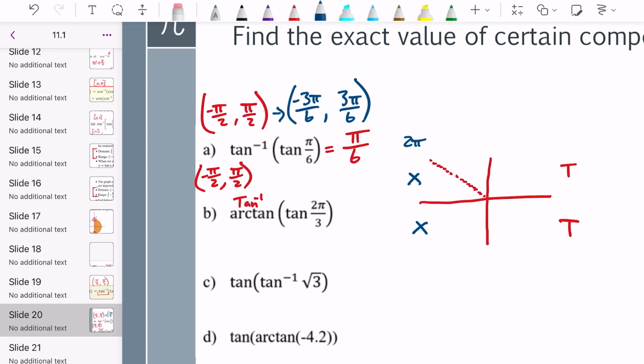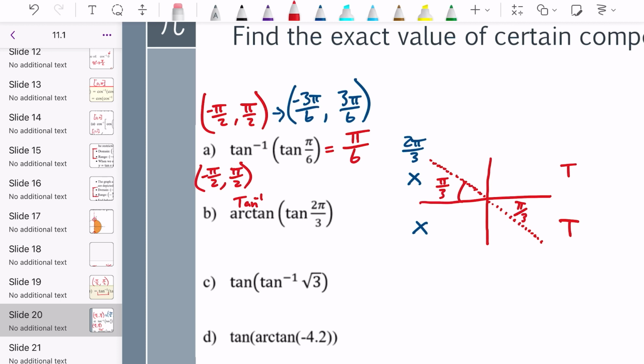Because of this, even though we are at 2 pi over 3, we would have to find the reference angle, which would be pi over 3, and we would reflect it over the origin into quadrant 4. So this is pi over 3.